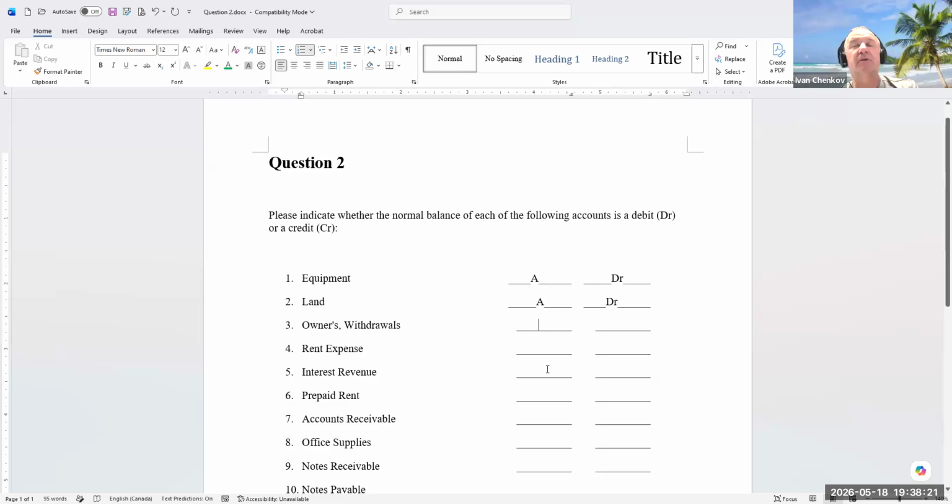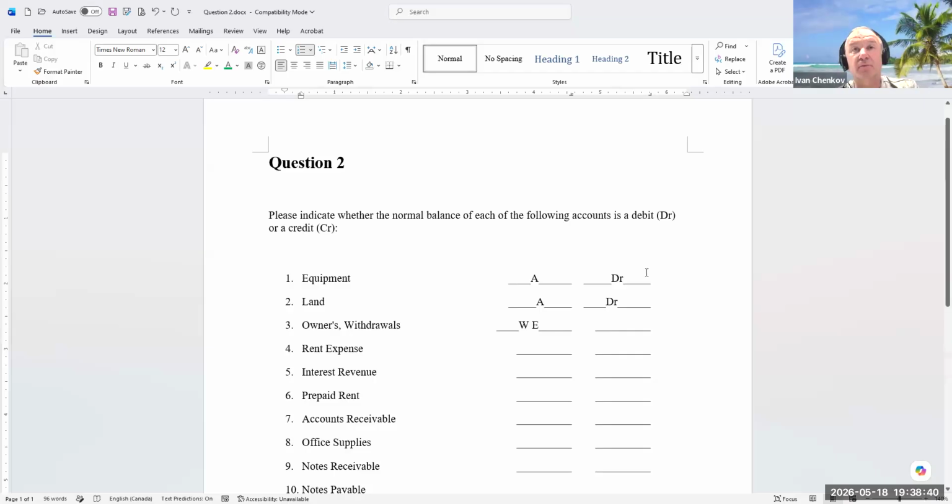Owner's withdrawal. Now, the owner's withdrawal is a tricky account because it's the opposite account of the owner's capital. Withdrawals are a withdrawal account, which belongs to equity.